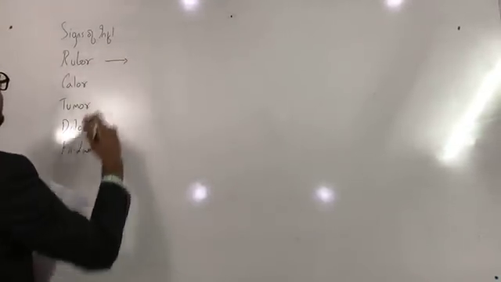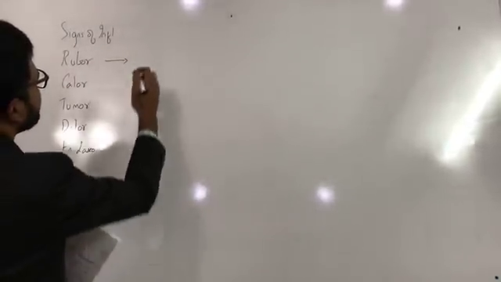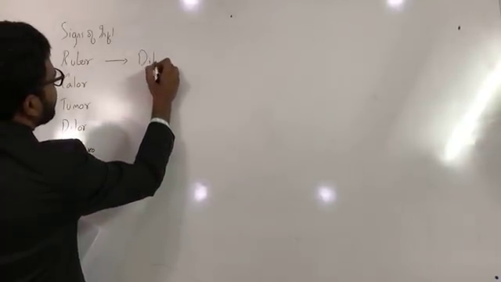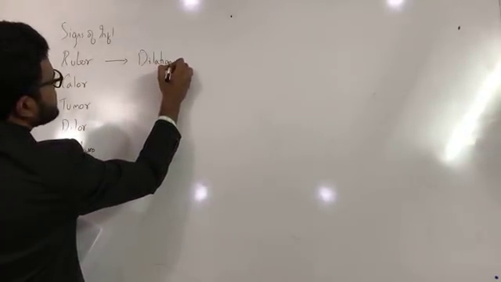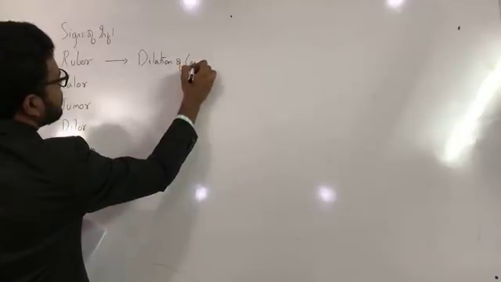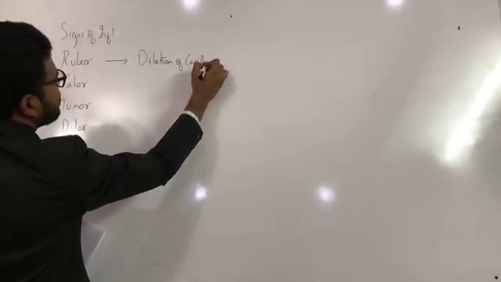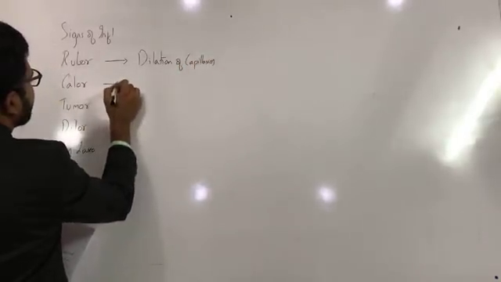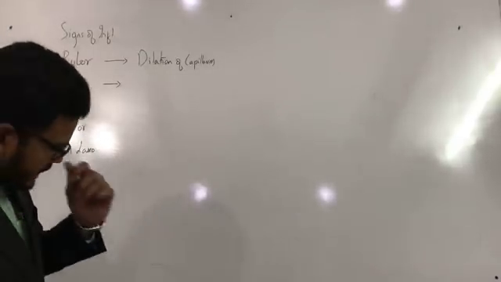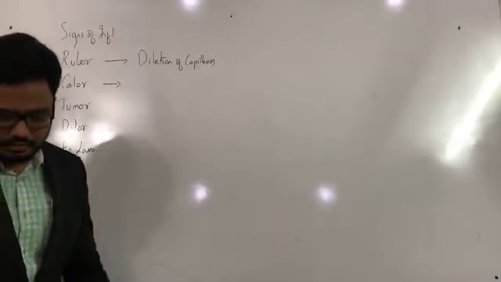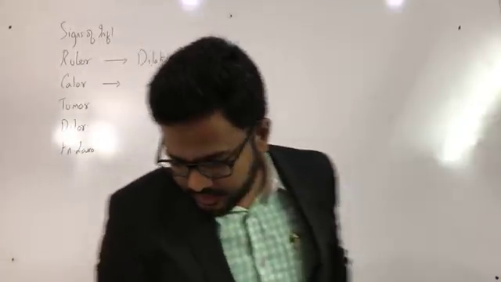Rubor is nothing but redness. This redness is mainly because of dilation of capillaries, isn't it? What about calor? Why do you see increased heat production? What could be the reason for calor?